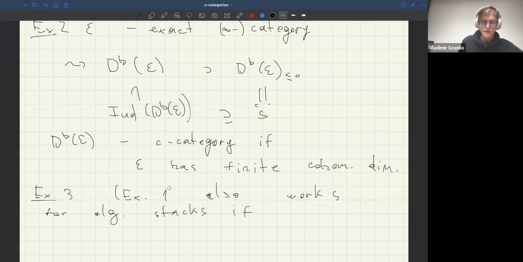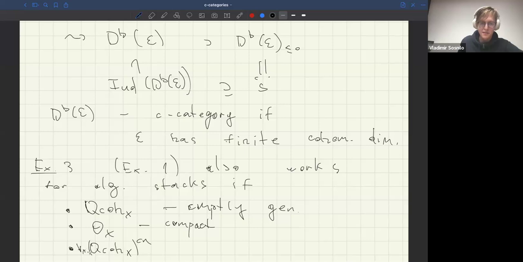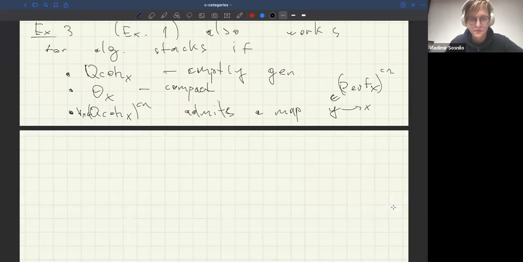If you assume the following: that the category of quasi-coherent complexes on X is compactly generated, that O of X is compact, and furthermore, that any connective object admits a map from a connective perfect complex.